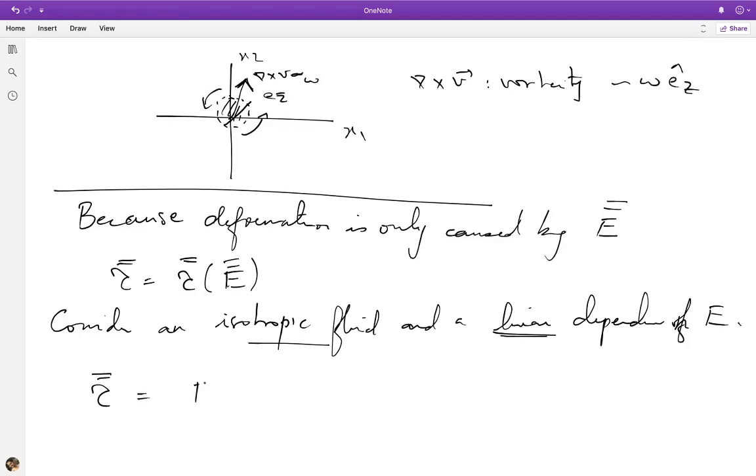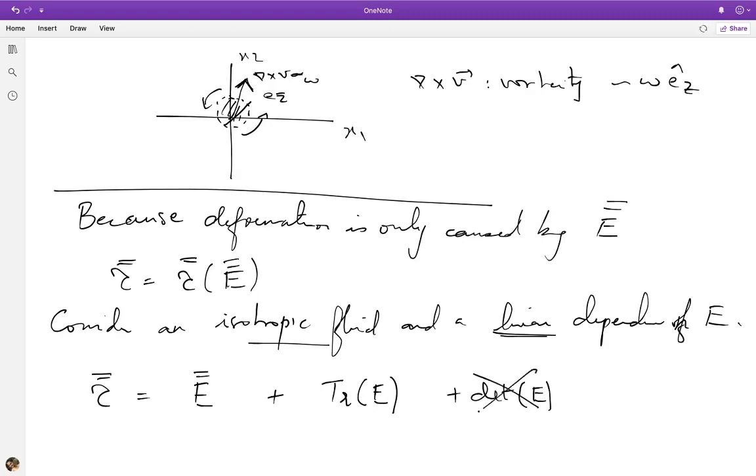So the stress tensor is related in some fashion to the symmetric part of the velocity gradient, E. And another way we can include a linear relationship is through the trace of E. Other possible ways of including a dependence on E would be, for example, to include a term dependent on the determinant of E, or other invariants of E that do not change by rotating the coordinate system.